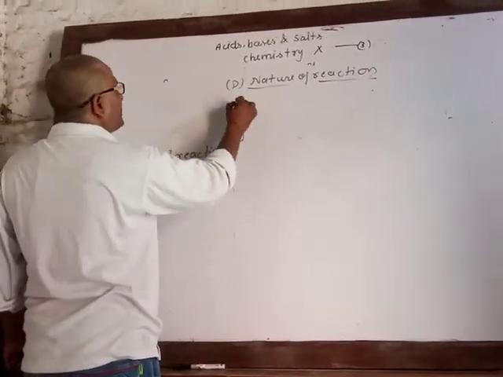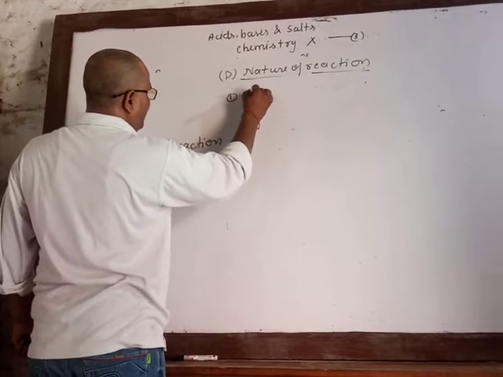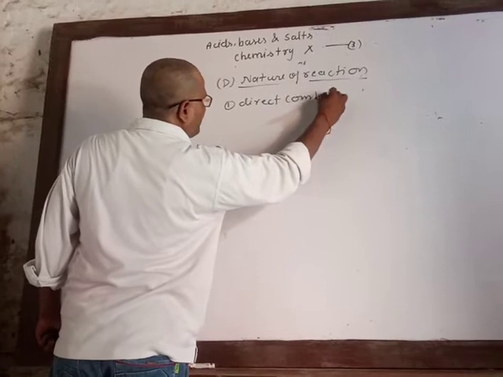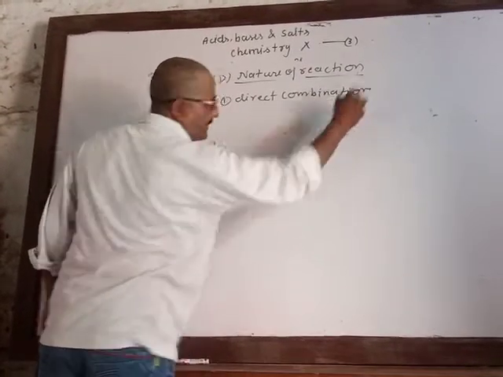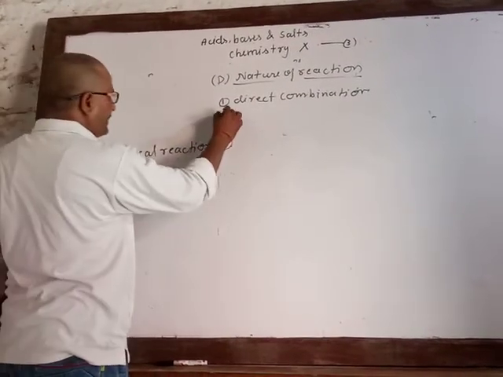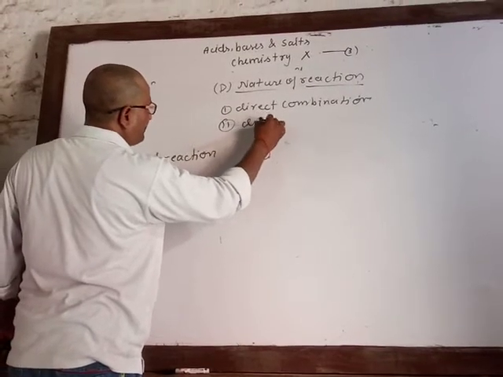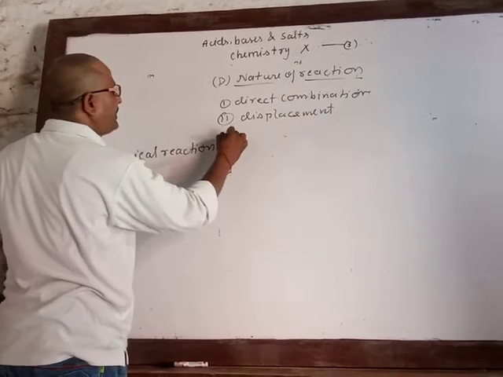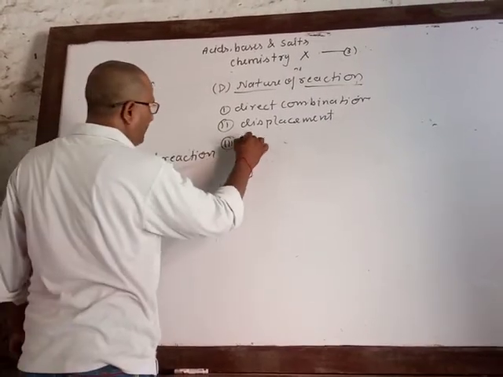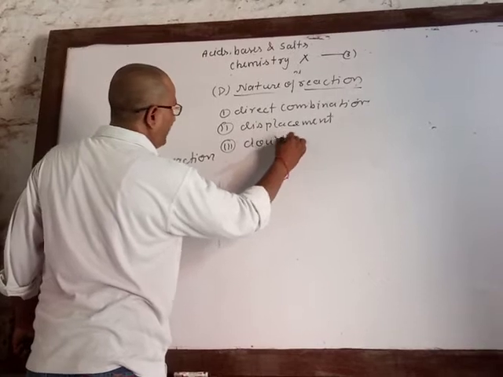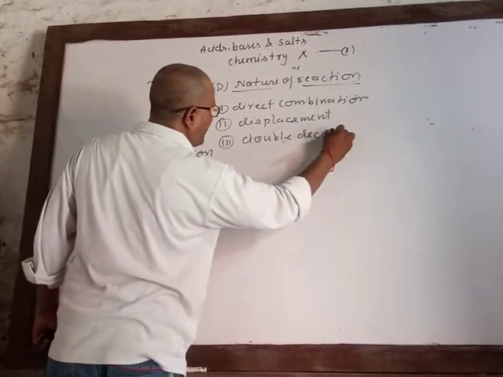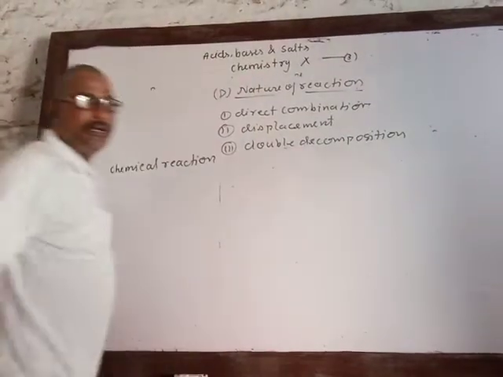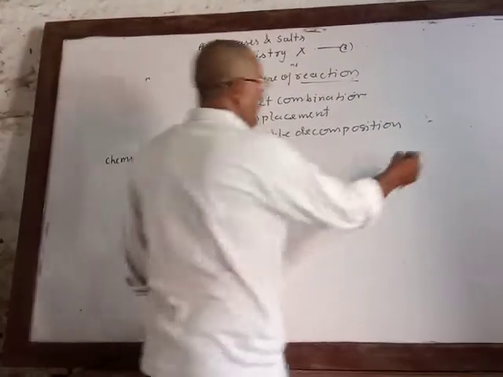In that, first one, direct combination reaction. Second one, displacement reaction. Third one is called double decomposition. Double decomposition reaction is also known as precipitation reaction.